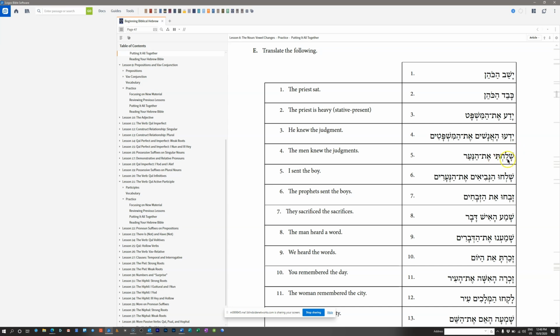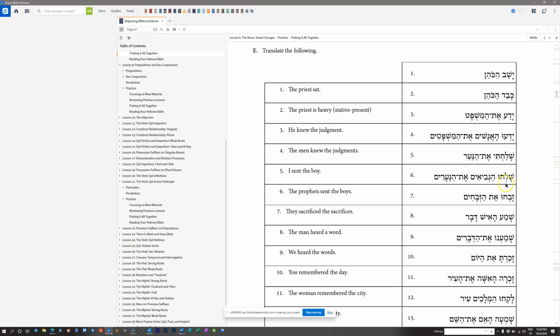Shalachti would mean I sent. All right, I sent what or whom? I sent et hanar. I sent the servant or the boy. All right, number 6, then we go from shalachti to shalahu. Shalahu is the 3CP form of shalach.